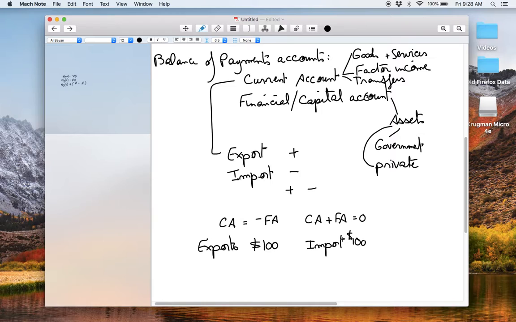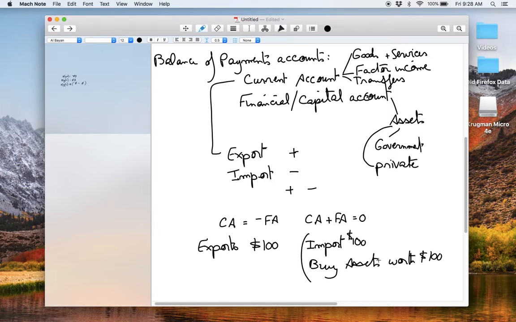So the American person who bought the euros off of the French guy either will import $100 worth of euros off of it, so that balances out, or they will buy assets worth $100 from the Frenchman, from the French economy, okay?